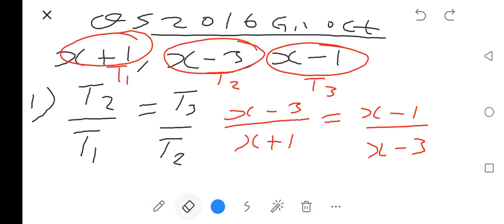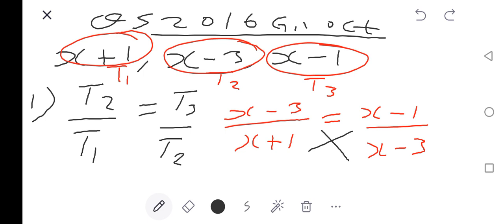So now, what comes to mind is cross multiplication. You cross multiply. So how do we have the cross multiplication here?